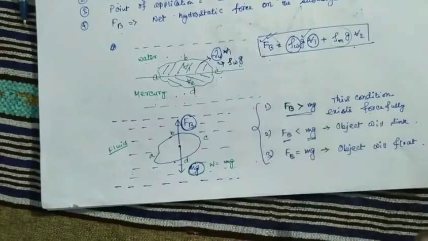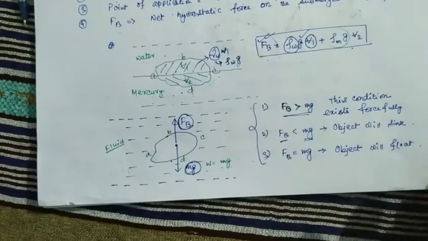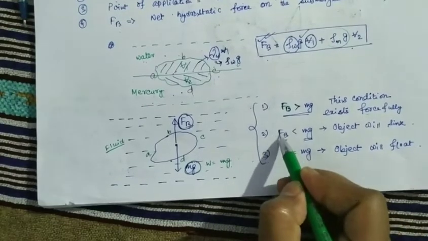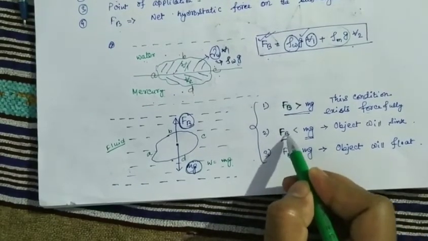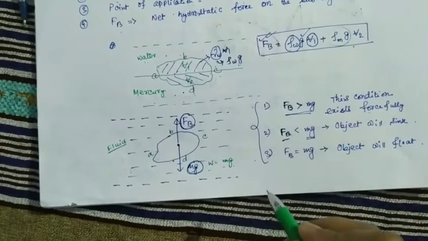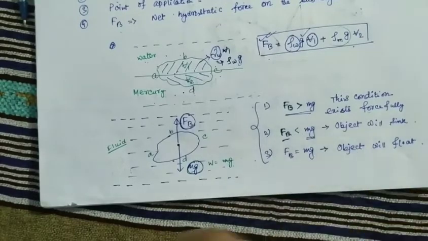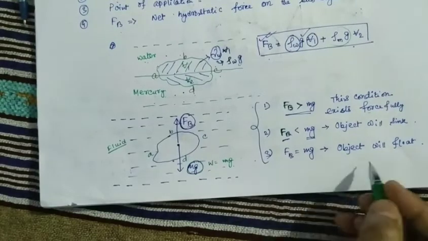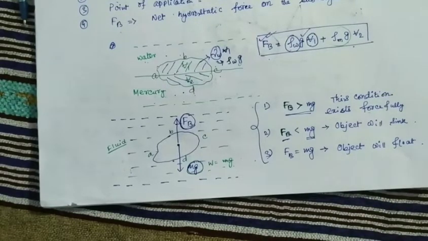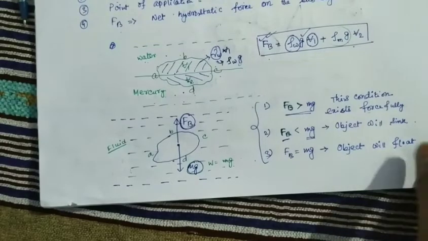Next condition, when the buoyancy force Fb is less than the weight of the body, the body will definitely sink. And when both are equal, the object will float. Very simple. So I repeat again.